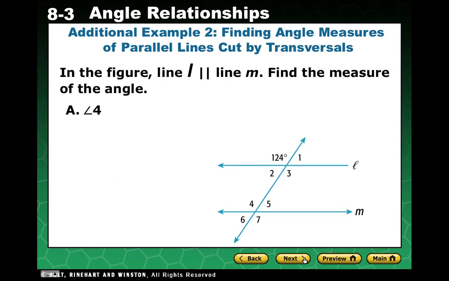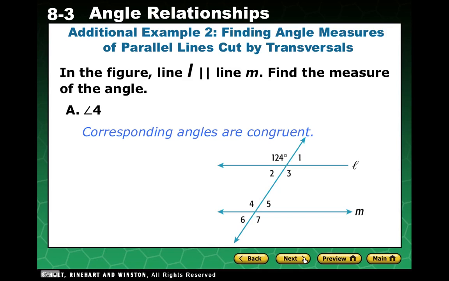Alright, in the figure, line L is parallel to line M. Find the measure of the angle. So we're finding the measure of angle 4. Okay, so corresponding angles are congruent, as I just said. So we're looking at the position it is in.